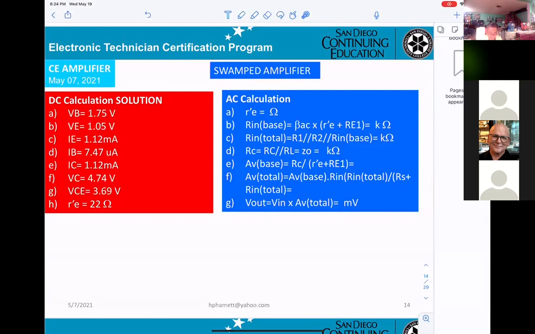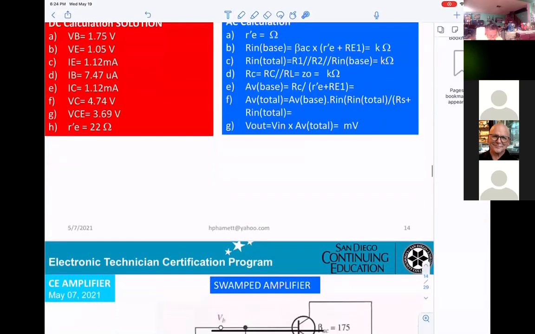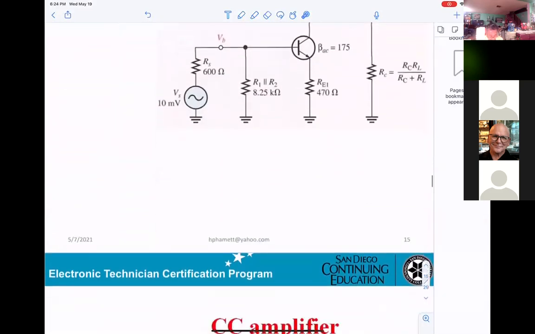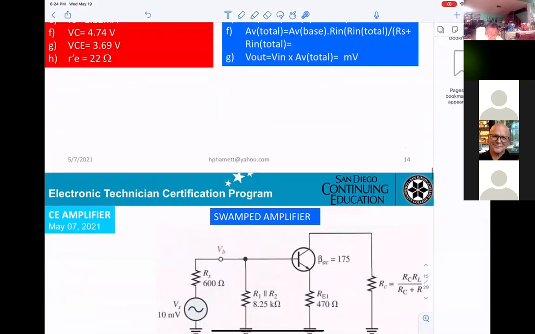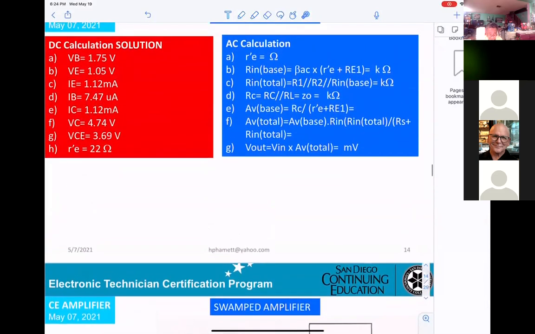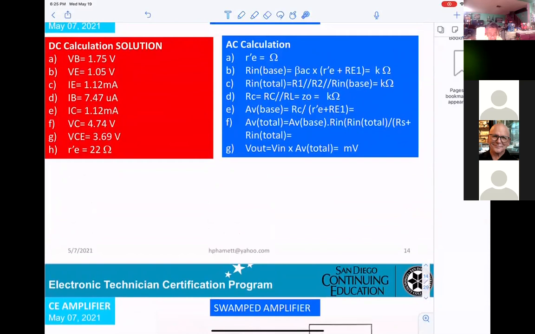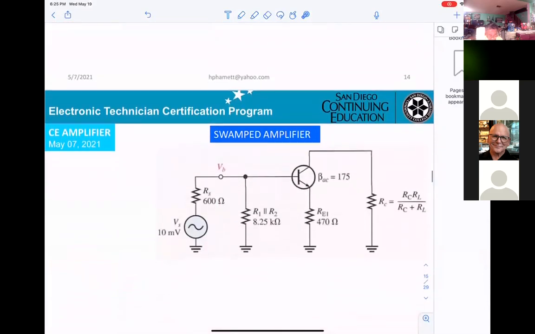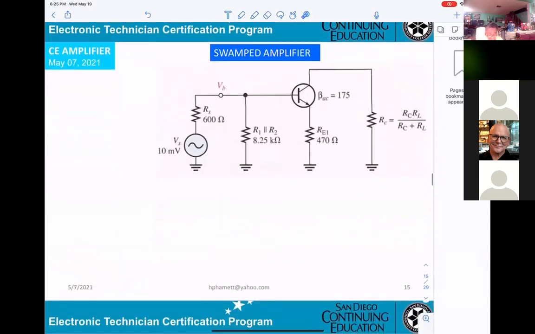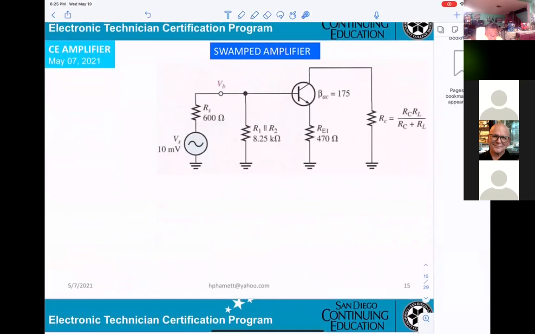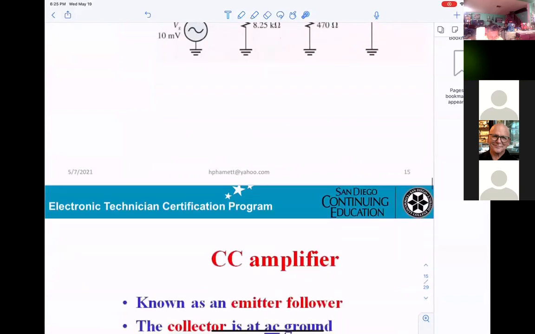Okay, on the calculation here, I hope I can get the answer for you. Now, it's not in here, but I will be giving you the answer for your calculation, or you can see it in the final test. So that is still the swamped amplifier.